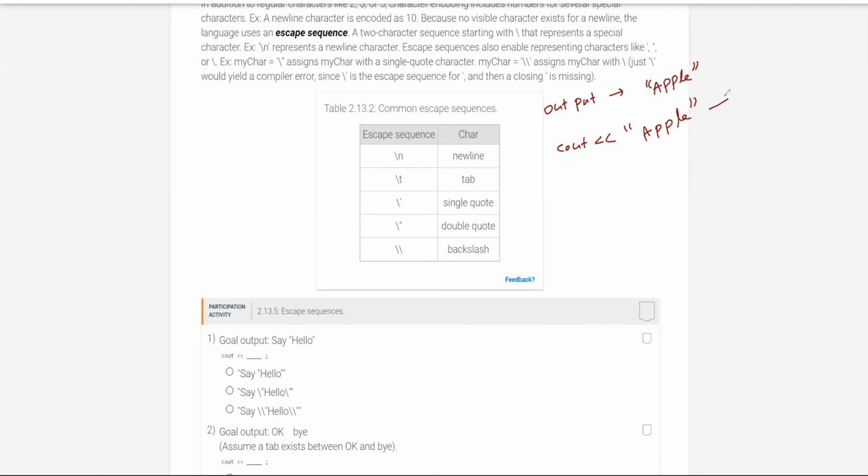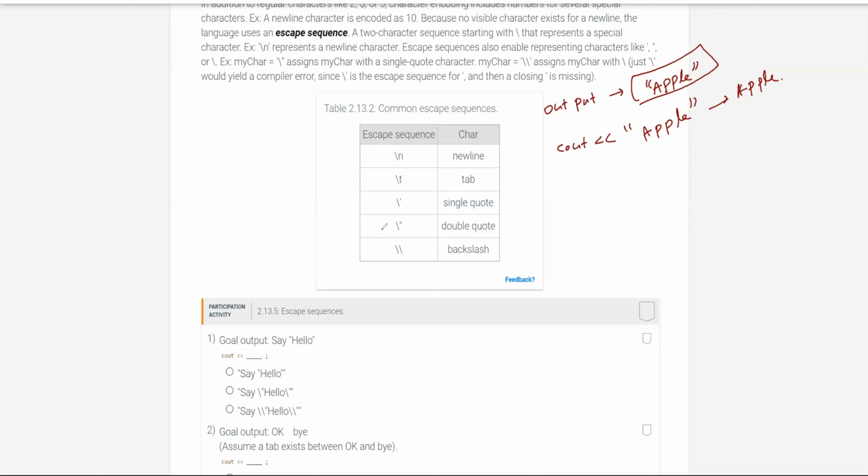What is the output of this program? If I do this, what does the output look like? It'll just say apple. But what I want is this with the double quotes. So how can I do this instead of this?